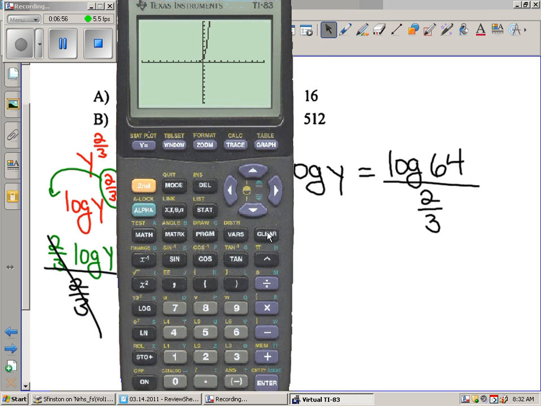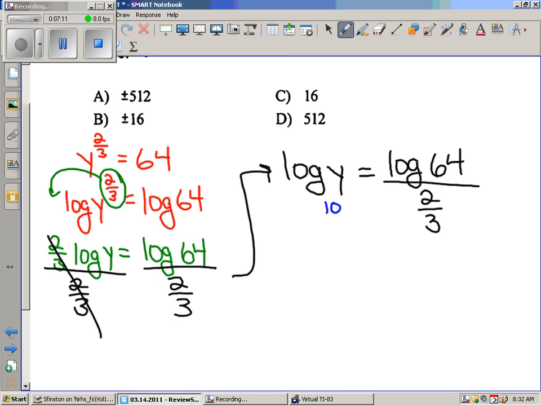Let's go log 64 divided by 2/3. Nice. So there's really a 10 down over here. So 10 raised to the log 64 divided by 2/3 equals y.